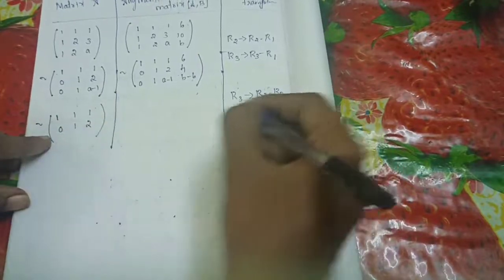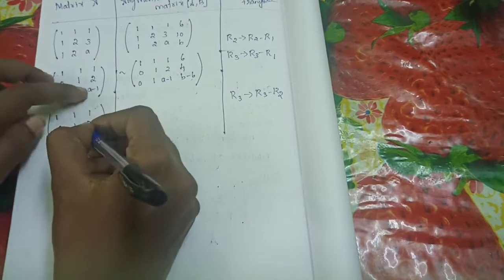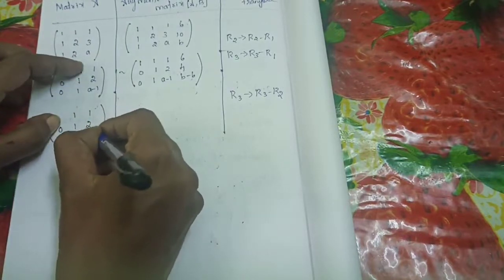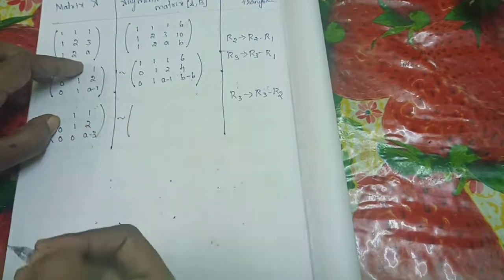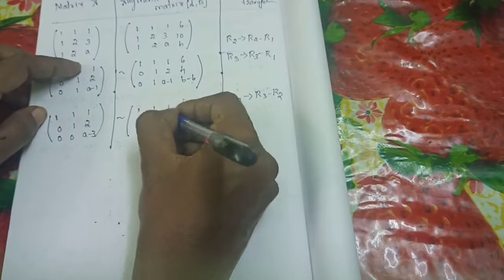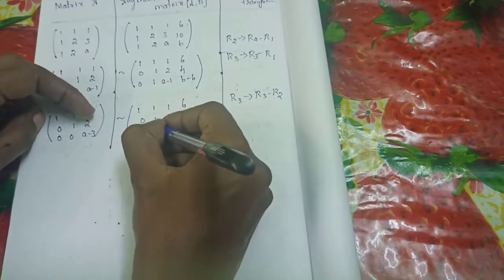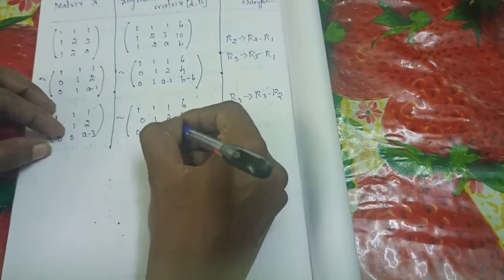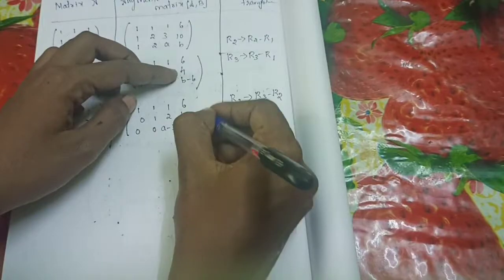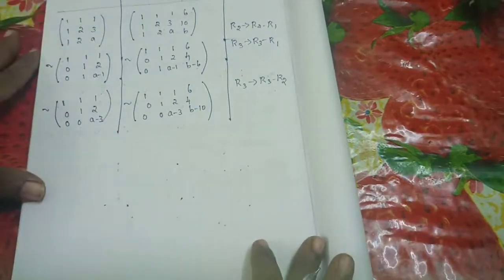Here R3 minus R2: 0, 1 minus 1 is 0, a minus 1 minus 2 means a minus 3. Same as here also: 1, 1, 1, 6; 0, 1, 2, 4; then 0, 0, a minus 3, and the last one, b minus 6 minus 4 is b minus 10. Now we have changed this into echelon form.